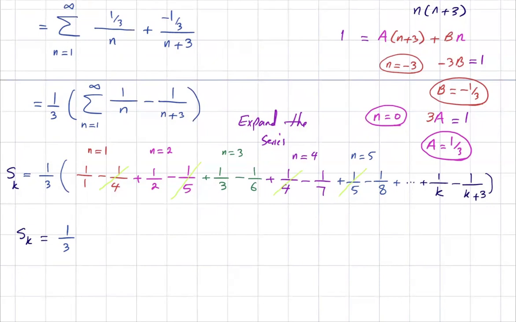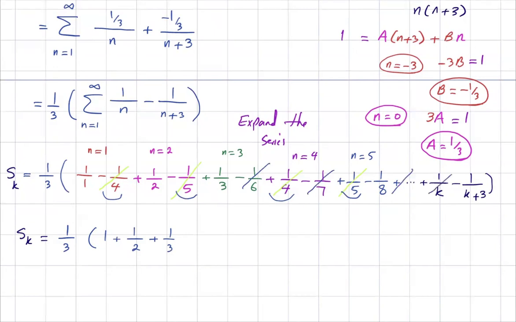Except for what's left. You get 1, and here you have plus 1/2. Then you have plus a third. So it seems like the smallest value that gets canceled out is 1 over 4. And then you get 1 over 5 that get canceled out. And then the rest of the terms, if you continue this process, you can continue canceling this.